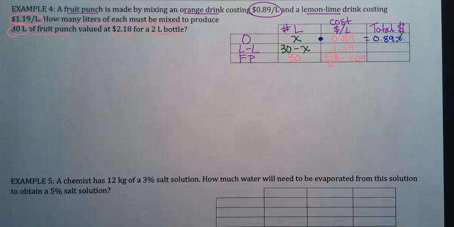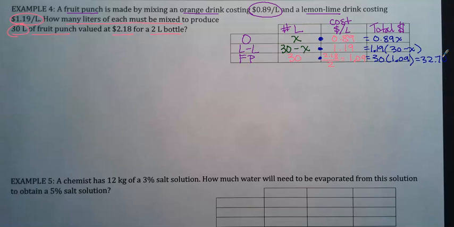For our lemon lime, we're going to multiply the number of liters times the cost, so we're going to get $1.19 times the quantity 30 minus X. And for the last one, we're going to get 30 times $1.09, which is, by the way, $32.70. My zero you may not be able to see out there.